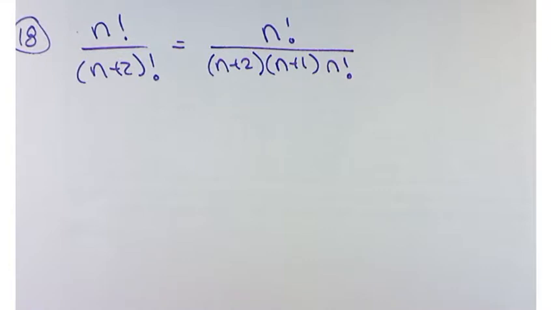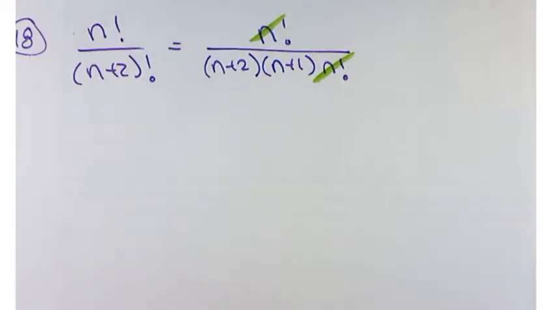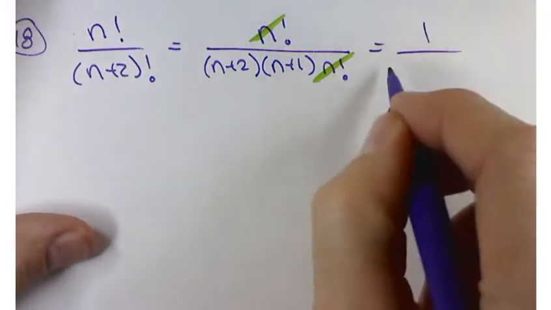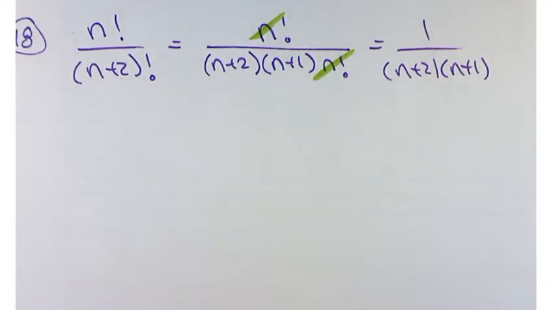What do you think? Yeah. You can cancel now, right? It's the same in the numerator and denominator. Everything's being multiplied, so you can cancel that. Equivalently, this is 1 over n plus 2 times n plus 1, and we'll leave it like that. All they're looking for is for you to simplify that one there.